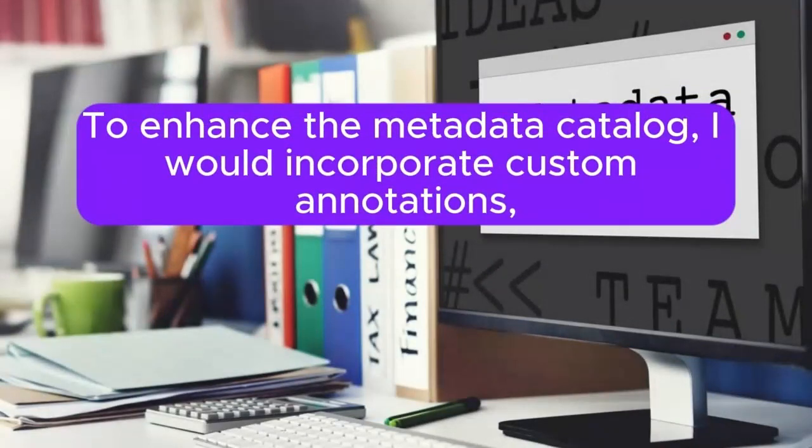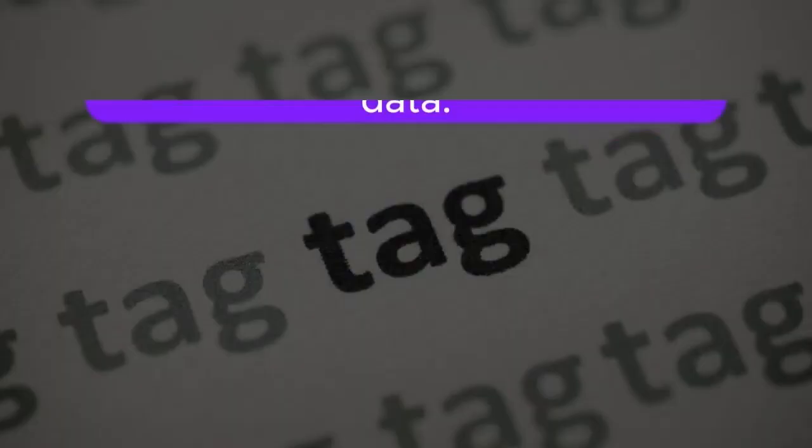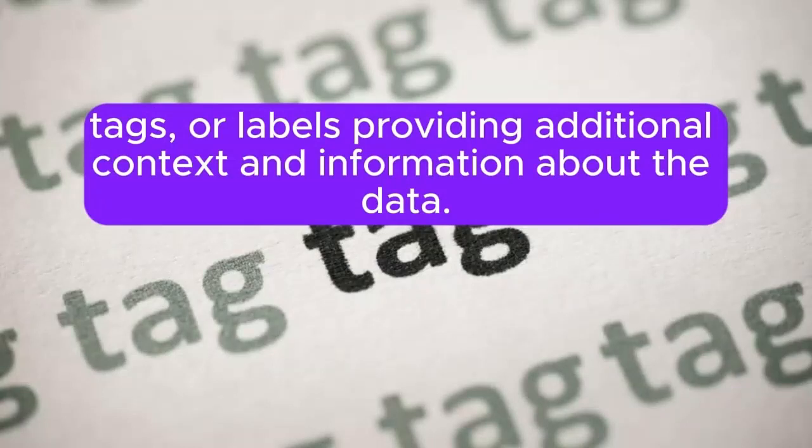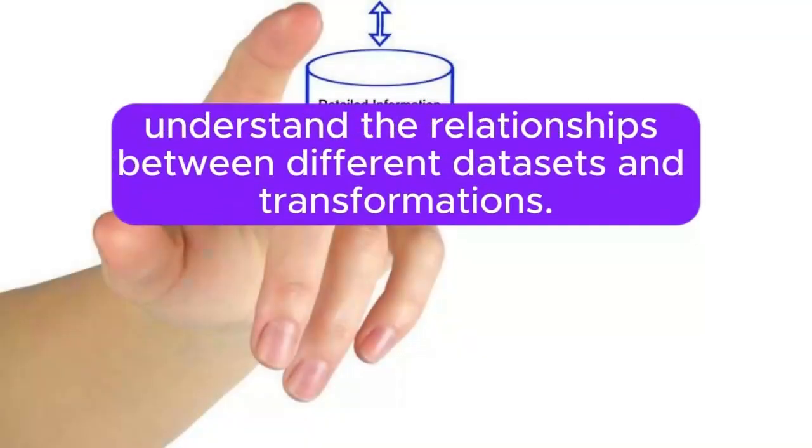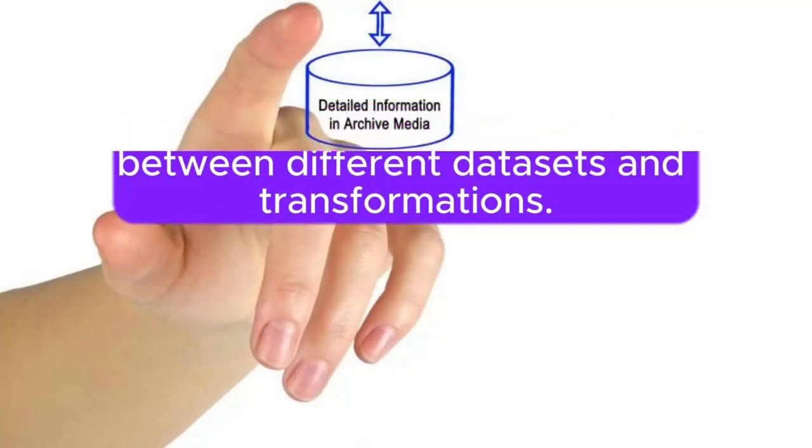To enhance the metadata catalog, I would incorporate custom annotations, tags, or labels providing additional context and information about the data. AWS Glue's built-in capabilities for tracking data lineage would be leveraged to understand the relationships between different datasets and transformations.